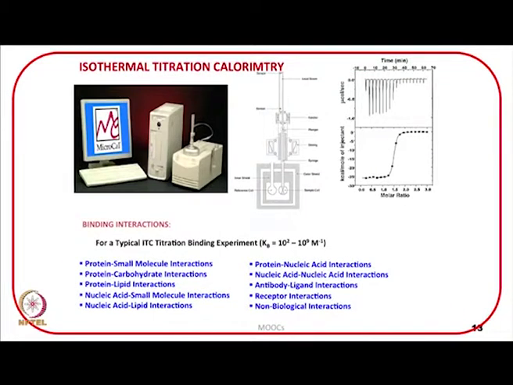We also discussed isothermal titration calorimetry, its principle and its huge applications in addressing the interaction of ligands with a variety of biological macromolecules. We also discussed that ITC is not just important in addressing biological systems of interest, but even in several non-biological interactions.